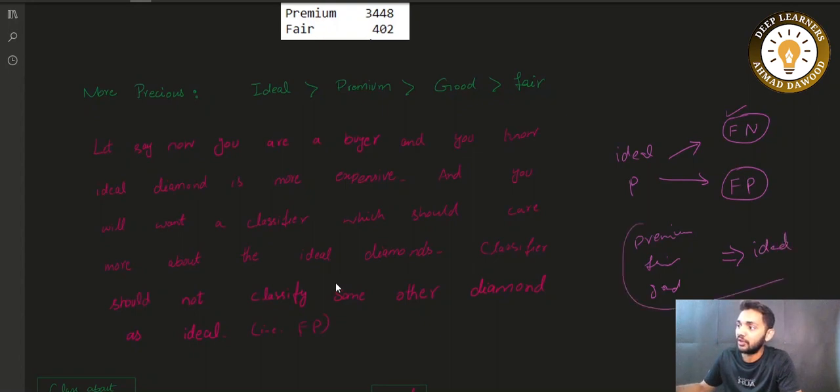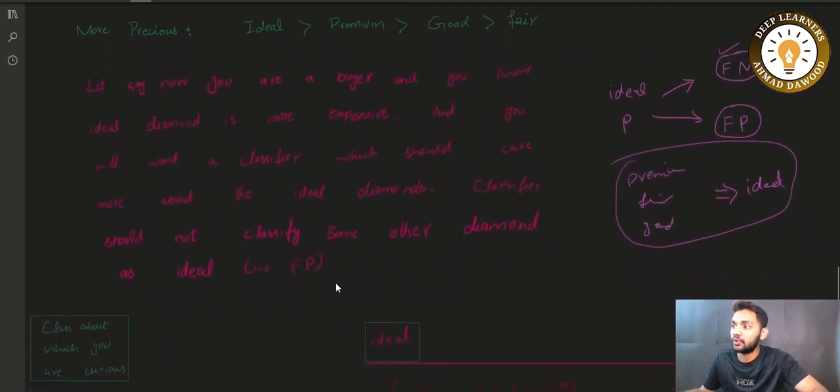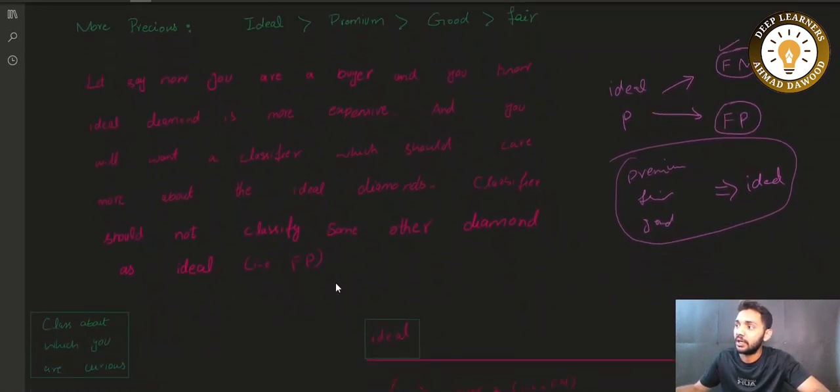Okay, doing false predictions in that way. So you want such a classifier which should care more about that error, false positive, with respect to the ideal class. We should have less false positives with respect to the ideal class.